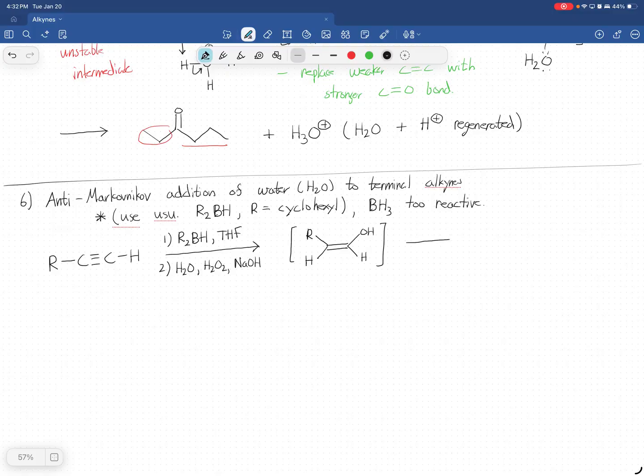Then this undergoes tautomerism again, where the double bond switches with the oxygen. Now those things switch, and in this case, we now have two hydrogens here.